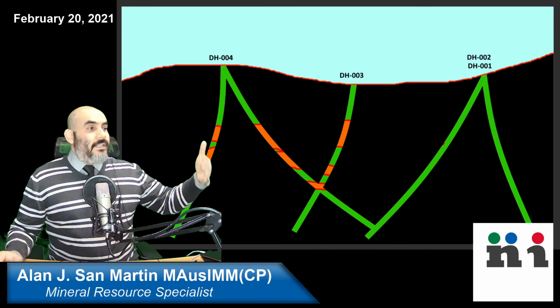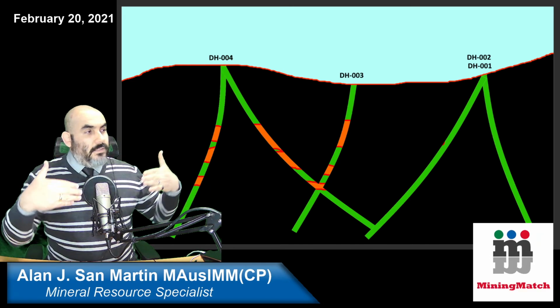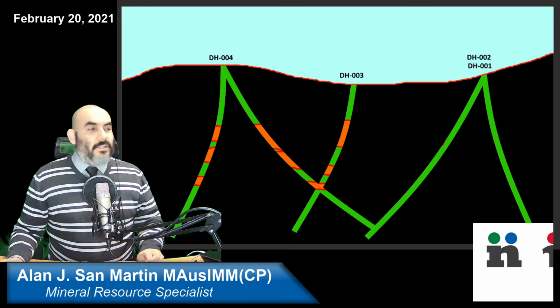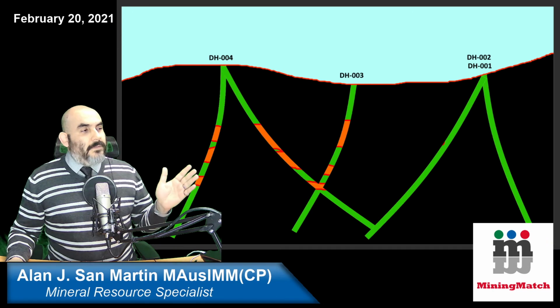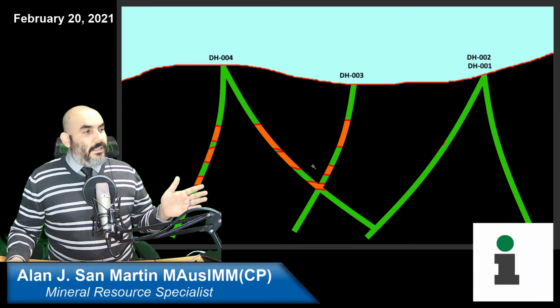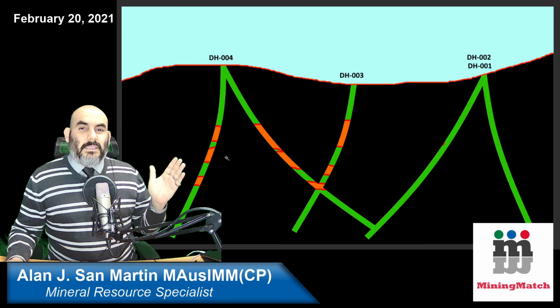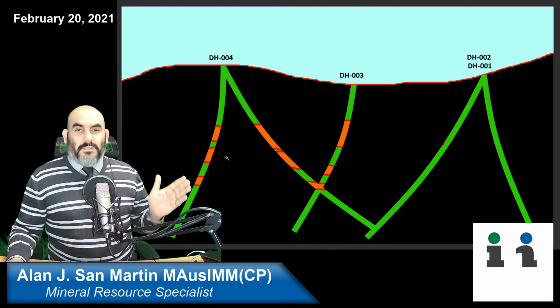And this is just in 2D. You have to do it in 3D. You go to the next section and you start drilling again. So that's why I say a drill hole is like a beam of light in the darkness, because now you're able to really see what is going on, and you can demonstrate that you have a discovery.